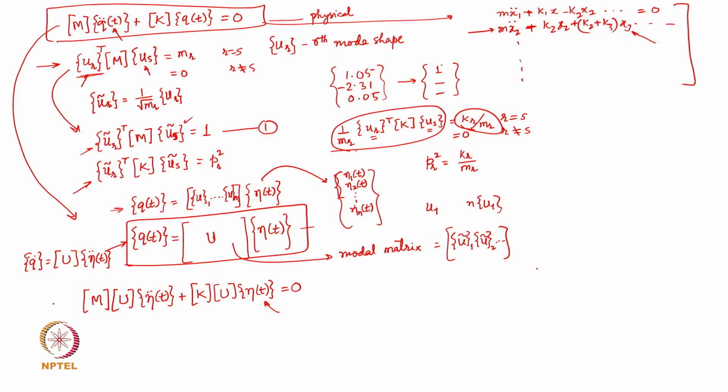So, now I am going to pre-multiply this equation that I have got by U transpose. Make a note that U is the modal matrix, and I have simply pre-multiplied this. Now, what do I get?